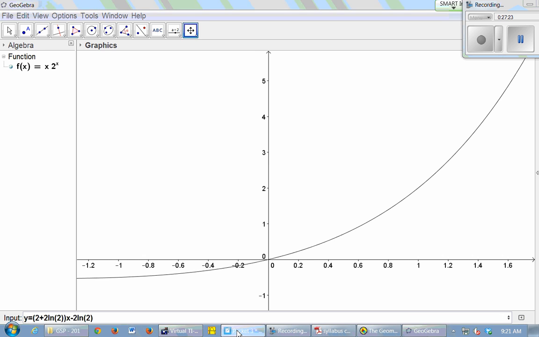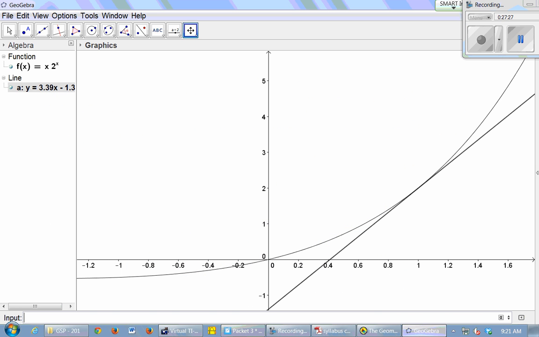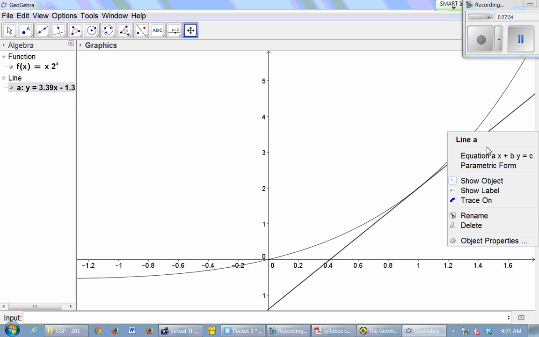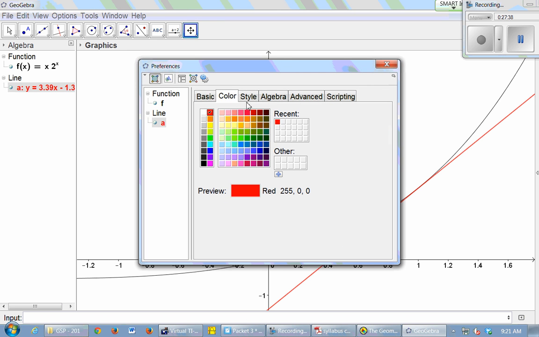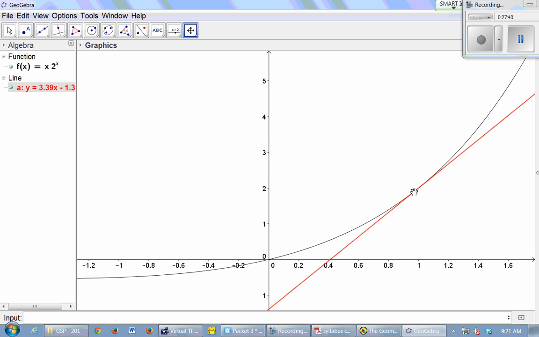Right, that was it. Okay, so there's my tangent line at x equals 1. So let's plot the point. So there's my point of tangency at A.